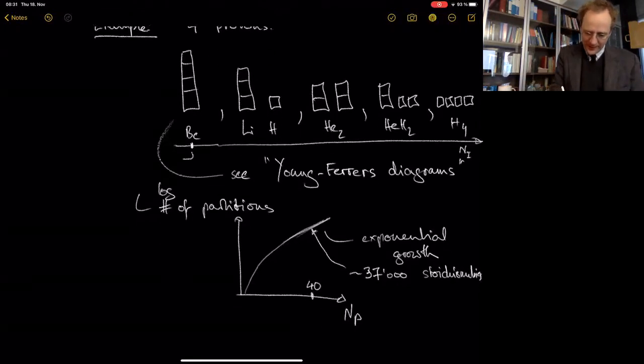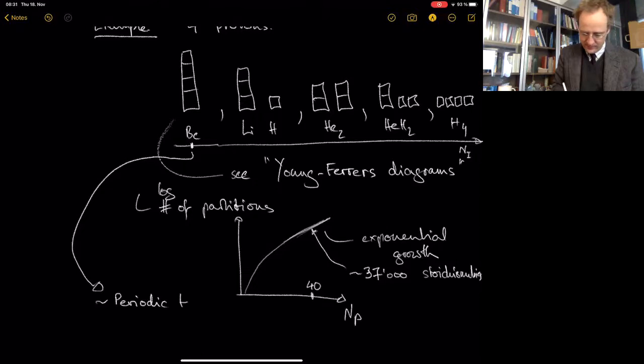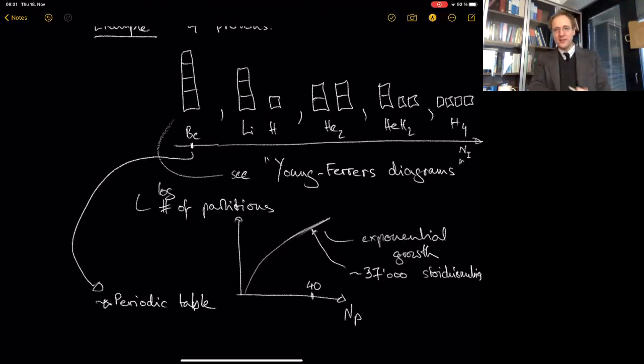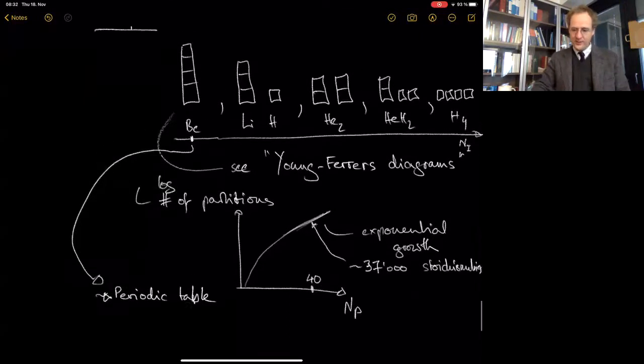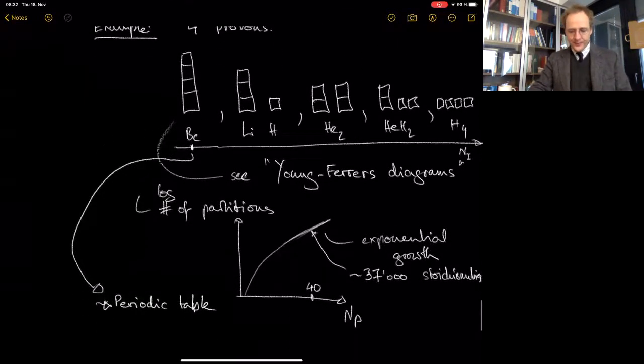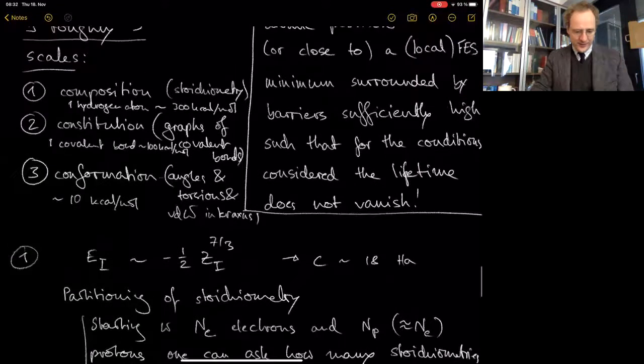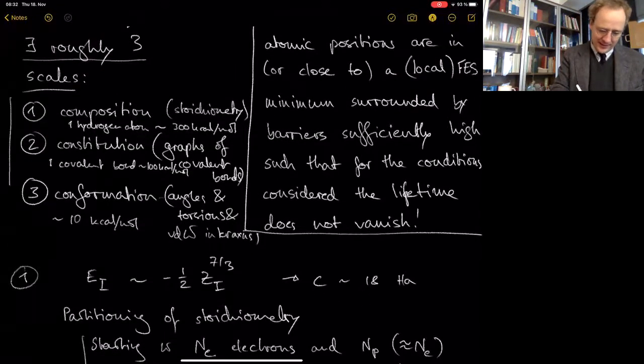So the one atom case unfolds to the periodic table as you increase your number of protons, that is the nuclear charge in your term, right? So on these 3 scales, you can view the composition here.